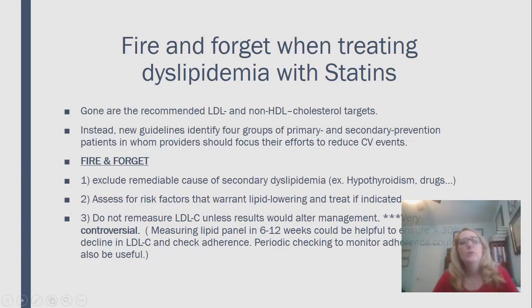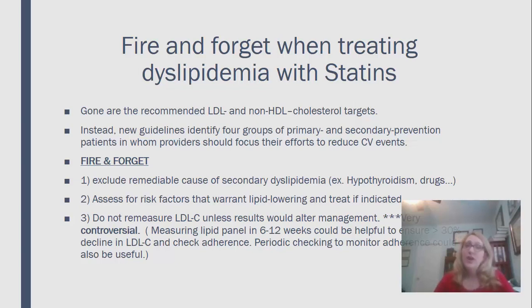Fire and forget when treating dyslipidemia with statins. Gone are the recommended LDL and HDL, non-HDL cholesterol targets. Instead, the new guidelines identify 4 groups of primary and secondary prevention patients in whom providers should focus their efforts to reduce cardiovascular events.